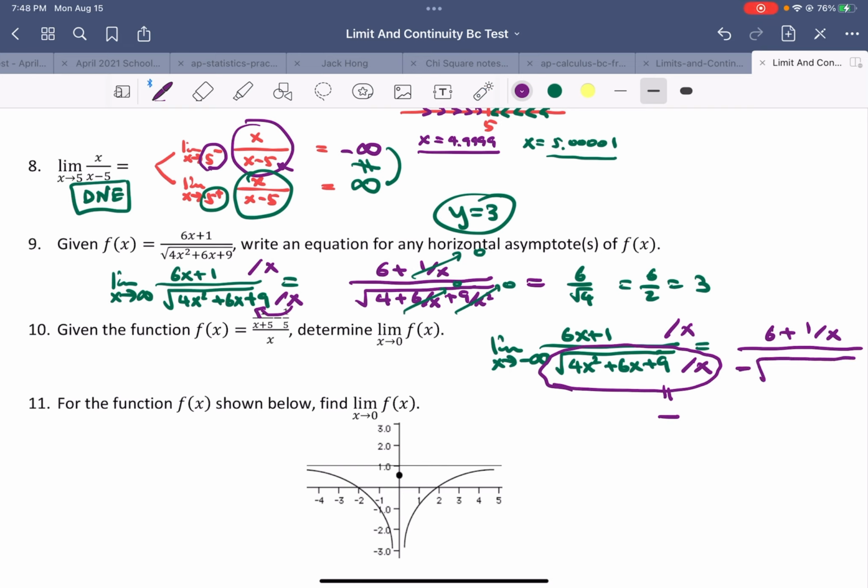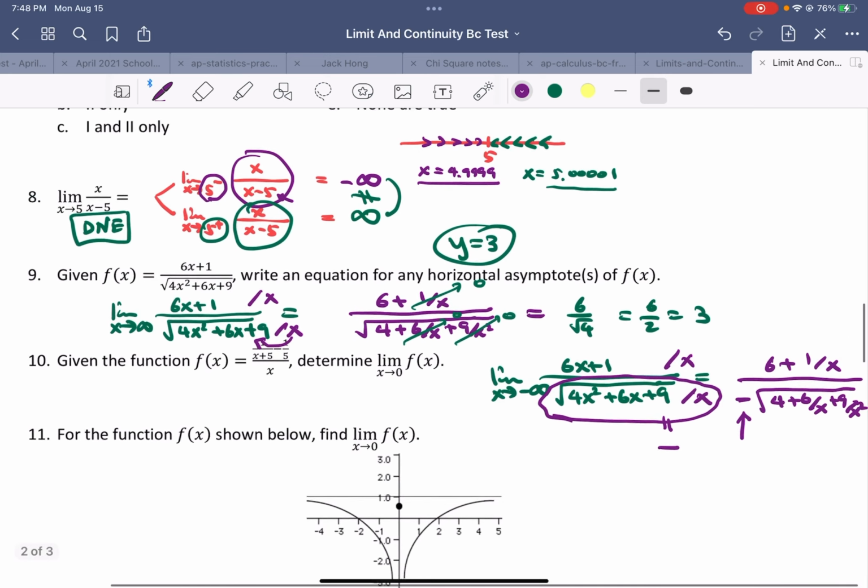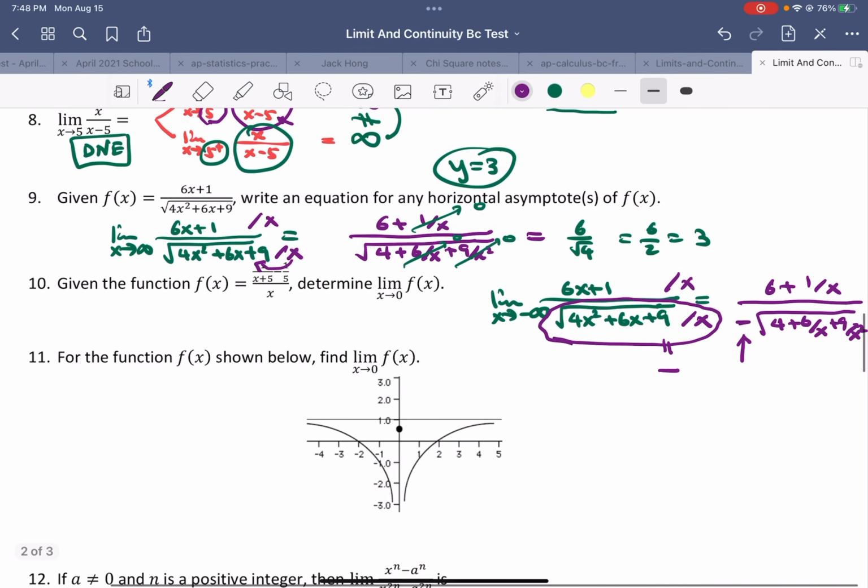Okay, that's the key. A lot of people miss this one. And then when you divide by x squared, 4 plus 6 over x plus 9 over x squared. Okay, run out of space. And then now, when you plug in x goes to negative infinite, doesn't matter positive infinite or negative infinite, if the denominator is infinite, it goes to 0.